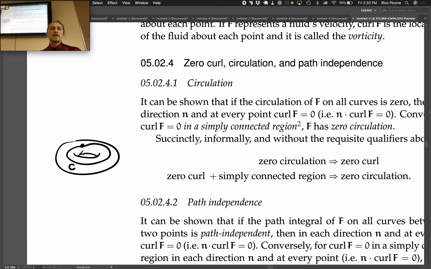You can't shrink that down to a point because it's going to get stuck on the hole, essentially. That's the issue. If you had a curve on a sphere, even if it was around a great circle of the sphere, but it's hard to draw that, so I'll just draw it.